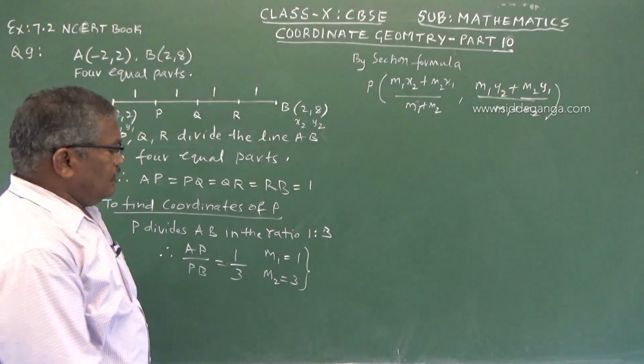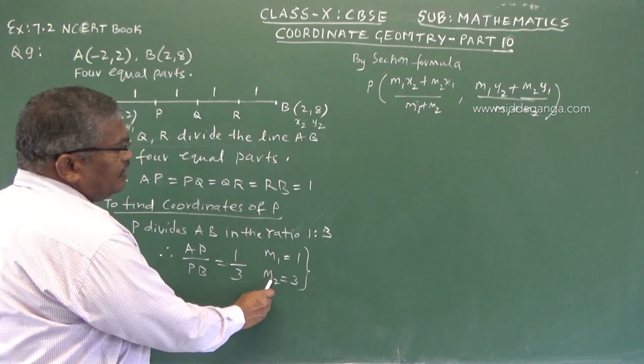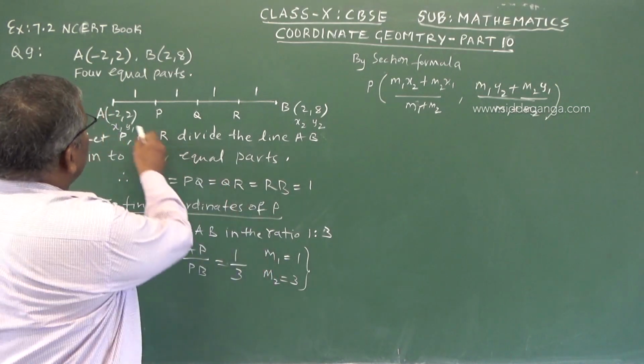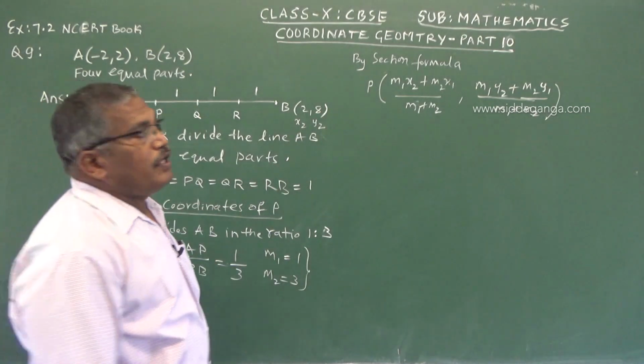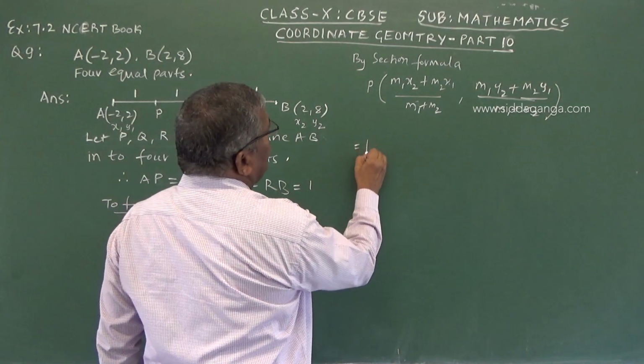In this case M1 is 1, M2 is 3. Now you carefully substitute the values.